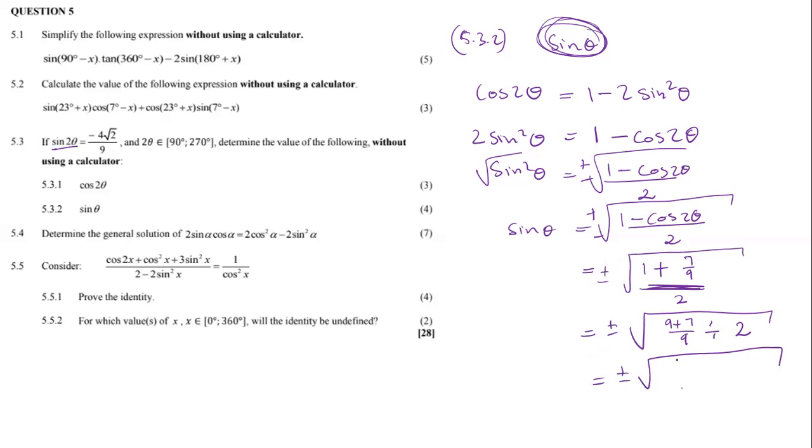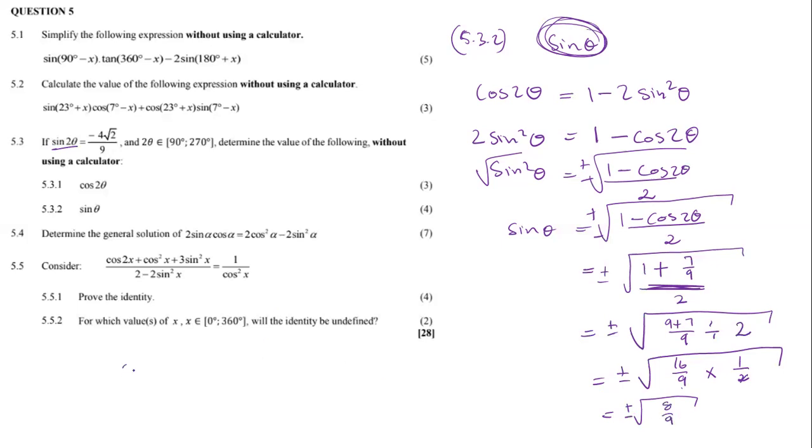So we're going to have 16 over 9. Then this division sign turns into multiplication. We take the reciprocal, 1 over 2. Let's not forget our plus or minus. When we multiply these, 2 goes into 16 eight times. So we're going to have 8 over 9.